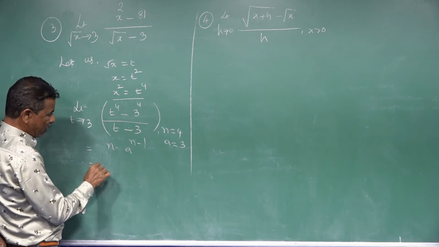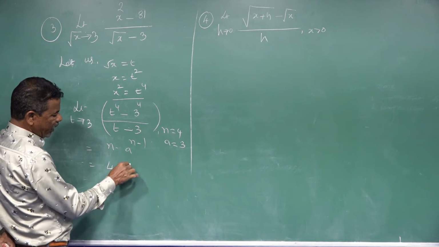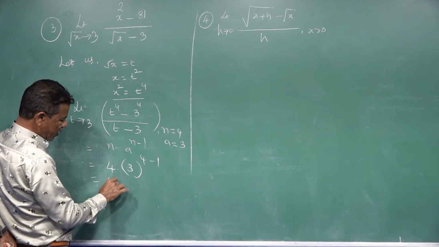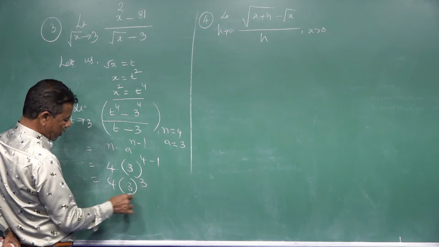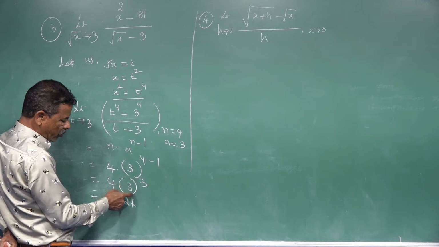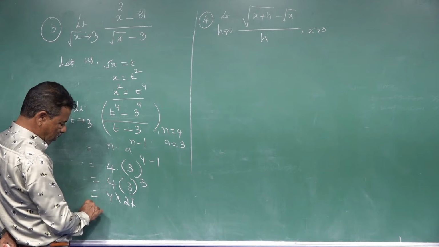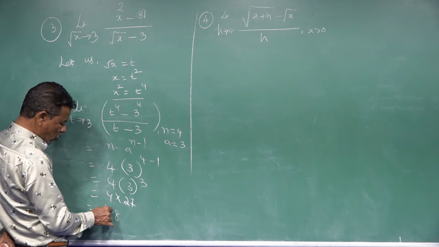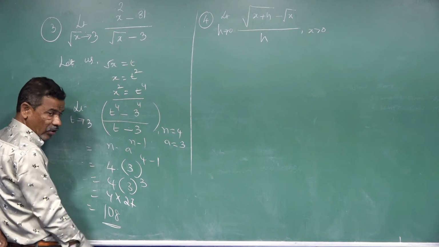We substitute here: 4 multiply a, 3 power 4 minus 1. It is 4 into 3 power of 3, which is equal to 4 into 27. 3 3 is 9 into 3, 27. 4 into 27: 4 7 is 28, 2 4 2 is 8, so 108 is the right answer.